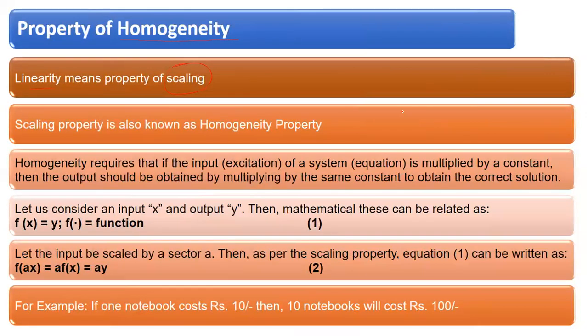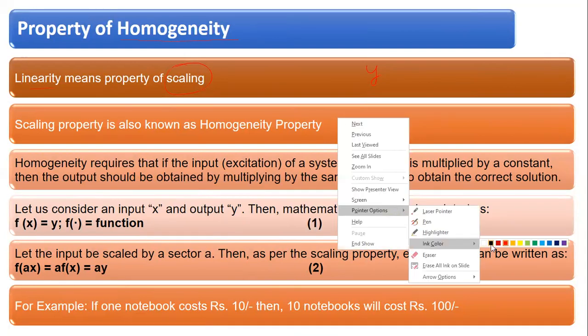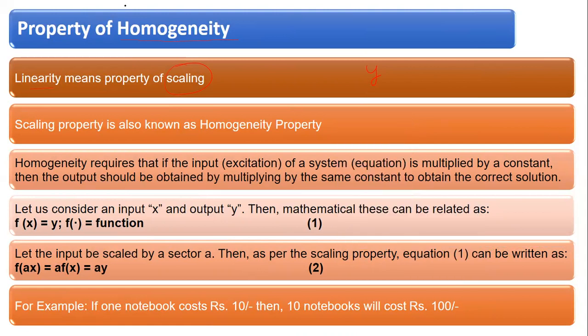For example, if you have a parameter y1 equal to some x1, and there is one more parameter y2 equal to a x2, what you have done is scaled this particular parameter.